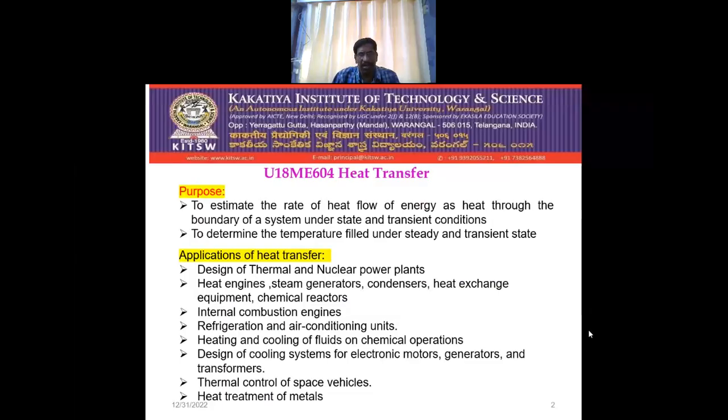What's the purpose of this heat transfer course? It is to estimate the rate of heat flow of energy as heat through the boundary of the system under steady state and transient conditions, and to determine the temperature field under steady state and transient conditions at each and every location.